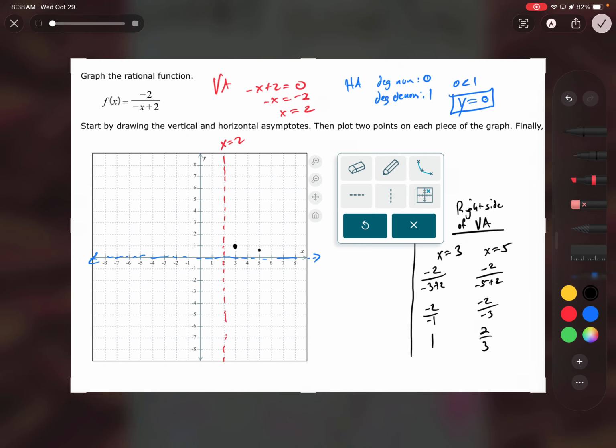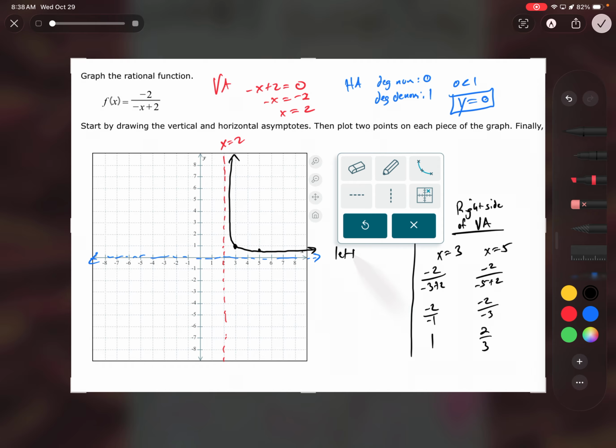All I'm really trying to decide, I'm plugging a number in on the right side of the asymptote. So all I'm really trying to decide is my graph going to be up here or is it going to be down here? And obviously, both my points are up here, so my graph is going to be above the blue line, okay? So you pick a point on the right, there are 2 points on the right side and 2 points on the left side, and then you're trying to determine, based on those points, are you going to be above the blue line or below the blue line?